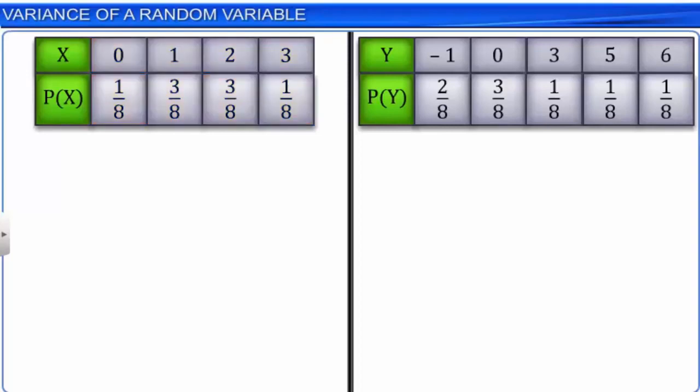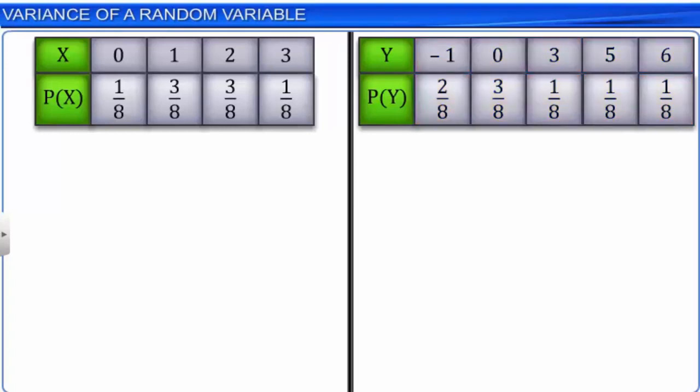In the second distribution, the possible values of random variable y are -1, 0, 3, 5, and 6. Their respective probabilities are 2/8, 3/8, 1/8, 1/8, and 1/8.